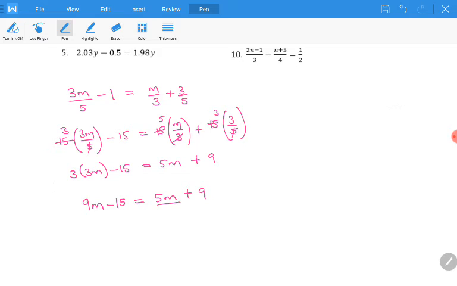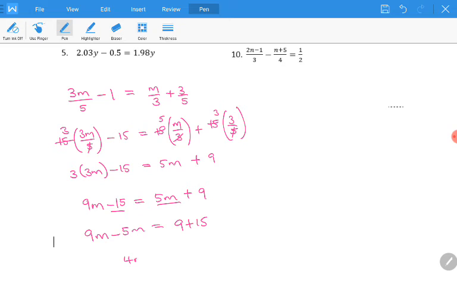If this positive 5m goes to the left hand side, it becomes 9m minus 5m is equals to 9. This negative 15, if it goes to the right hand side, it becomes plus 15.